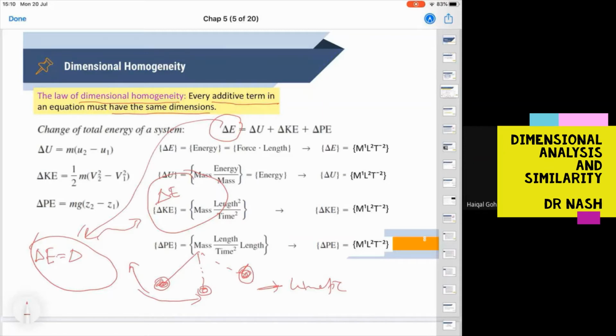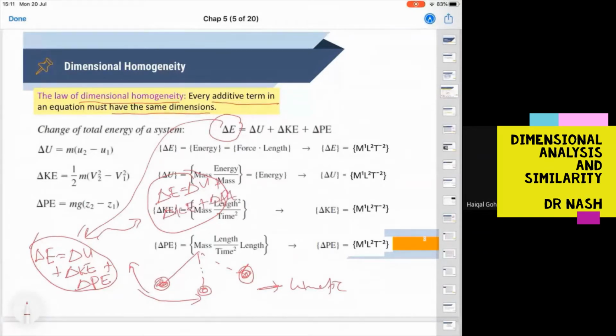Don't get confused why you put delta all the time, because it's actually changing the value. So delta U is the internal energy, delta KE is kinetic energy, delta PE is potential energy. So bila dia move, particle ni move, dia maintain plus delta KE plus delta PE.